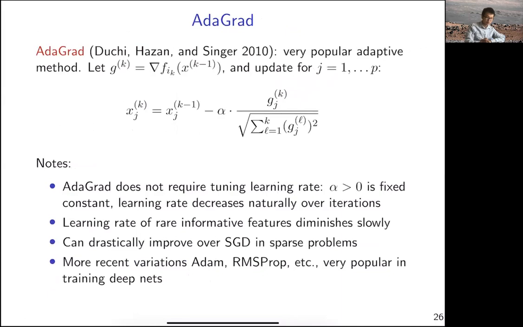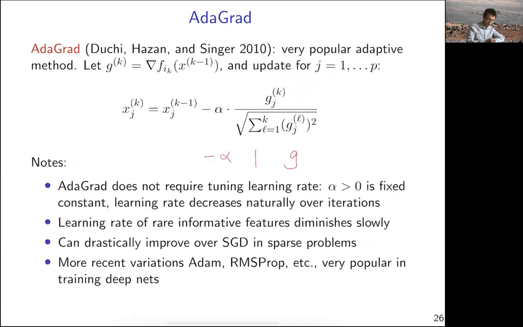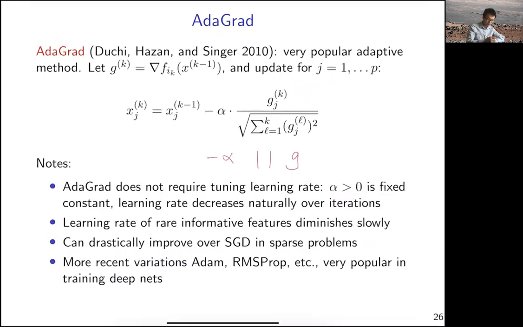There's another, more general version of AdaGrad that deals with the gradient vector and alpha, and it rescales things according to some kind of approximation of H inverse half. So that's another version of AdaGrad.